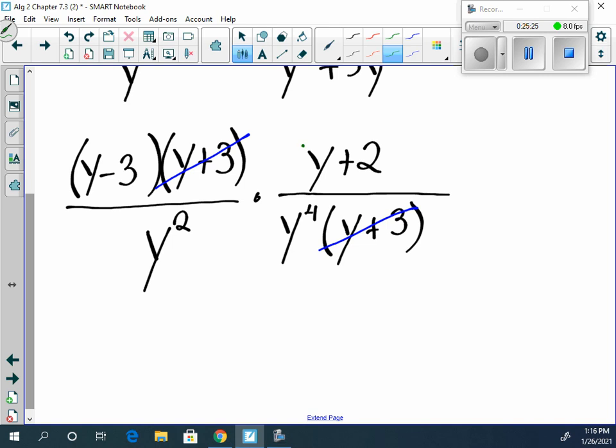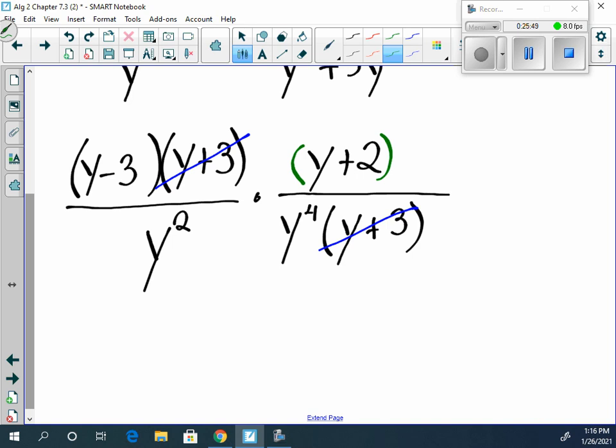So the y plus 2, yes, if they're on top and bottom. Yeah, right, I mean, I opened the door intentionally for this. Because again, is there anything left in common on top and bottom? No. So is there anything else that we can do?